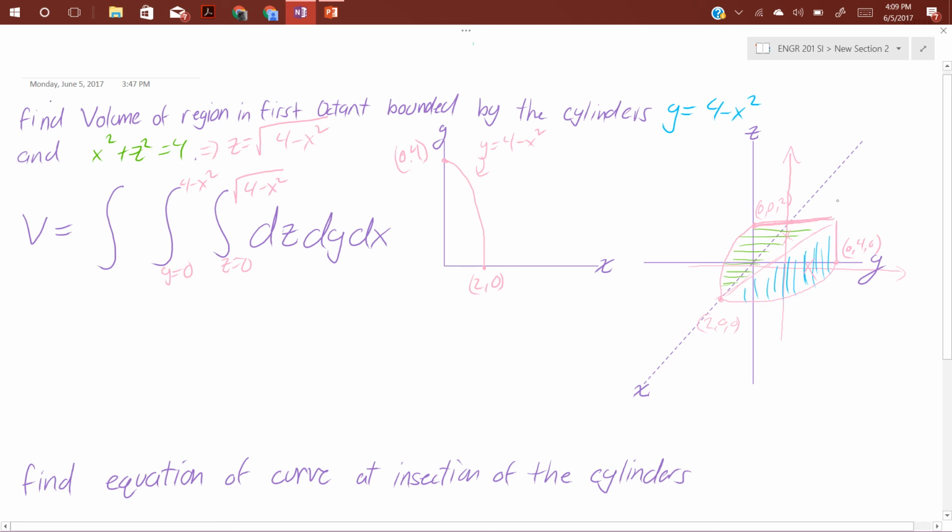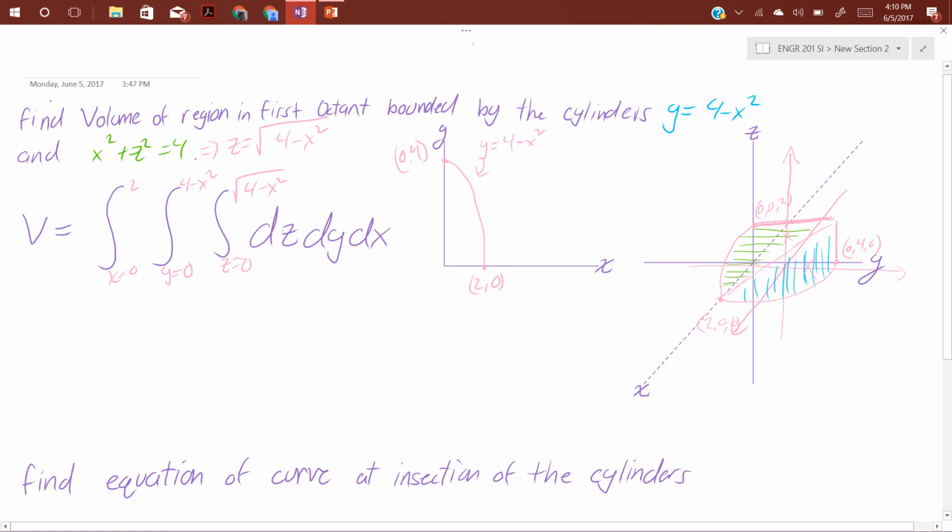Whenever it hits the zy plane, x equals 0. And whenever it exits out either of these two planes, x is going to be 2, since it's the very end point that we have in the positive direction of x. So it's going to be x equals 0 to 2.